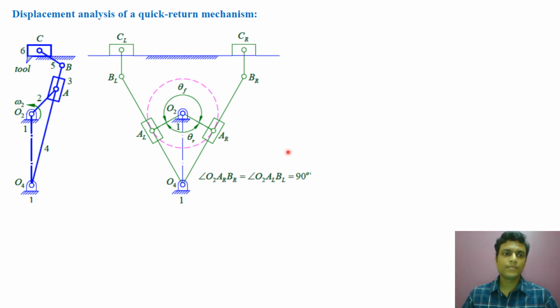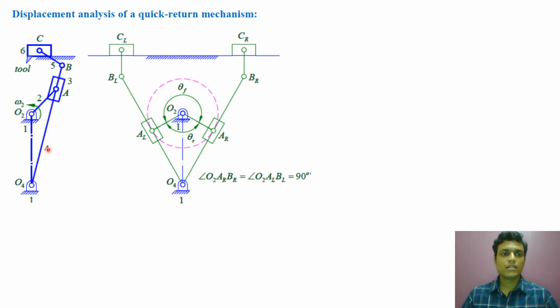How to determine? The crank is rotating with a uniform speed. So when the crank is rotating, this point A will generate a circle about center O2. So this dotted circle is the trace of point A, the circle generated by point A. Now what will be the extreme right position of link number 4, that is the slotted arm?